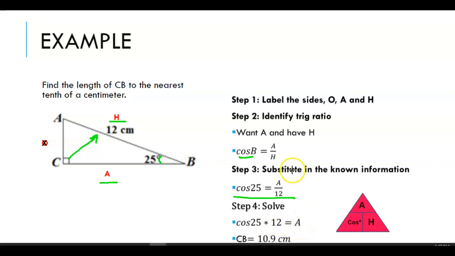All right, so you either can solve the equation directly, or you can use the pyramid to help you properly isolate the variable. Cover A: cosine of the angle multiplied by hypotenuse. Another thing that you need to be aware of for the final answer is to check where you are asked to round. It's very important, okay?